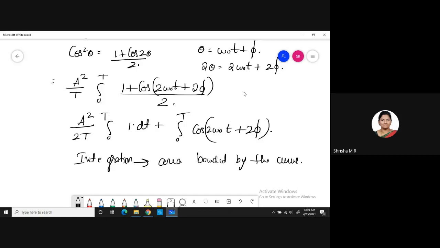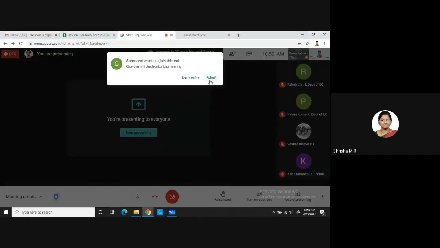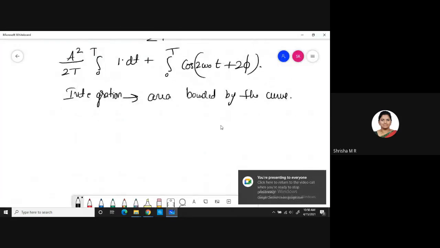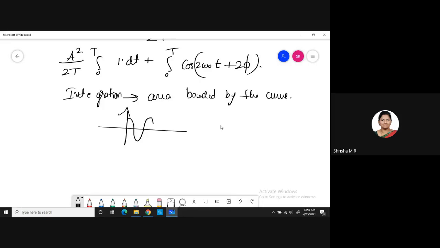So if I plot this cosine waveform, just a minute, whiteboard is hanging. So if I plot this signal, so cosine wave will be something like this, right?